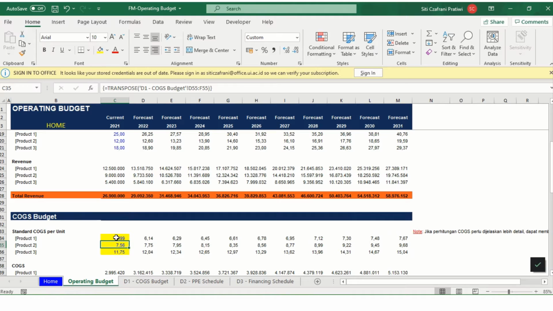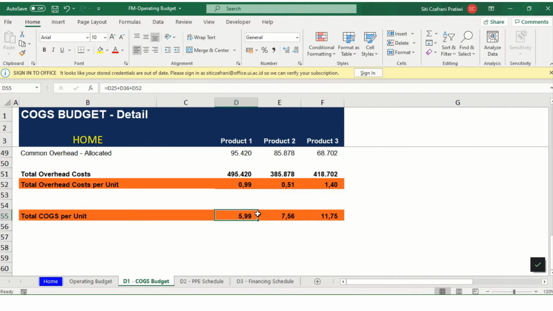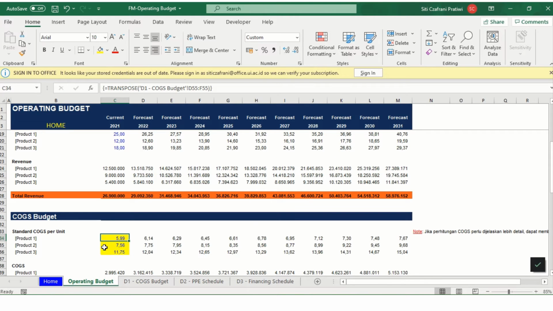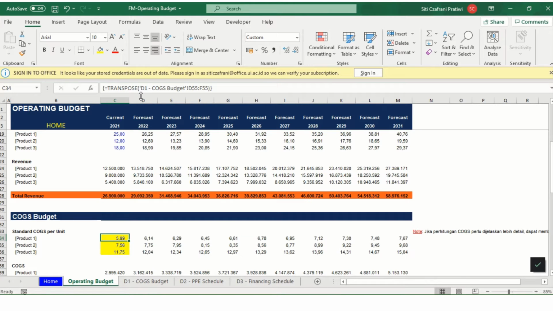If you already have your cost of goods sold here, this is why I use transpose here, because the cost of goods sold here is stated in rows. However, I want to move it to column format, so I just use transpose here. All right.